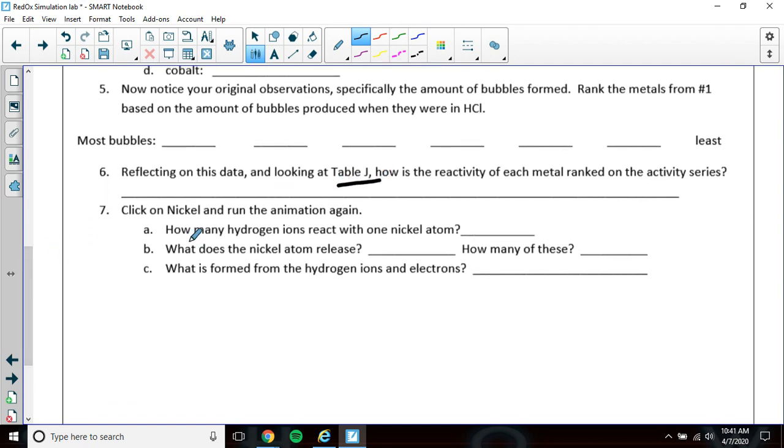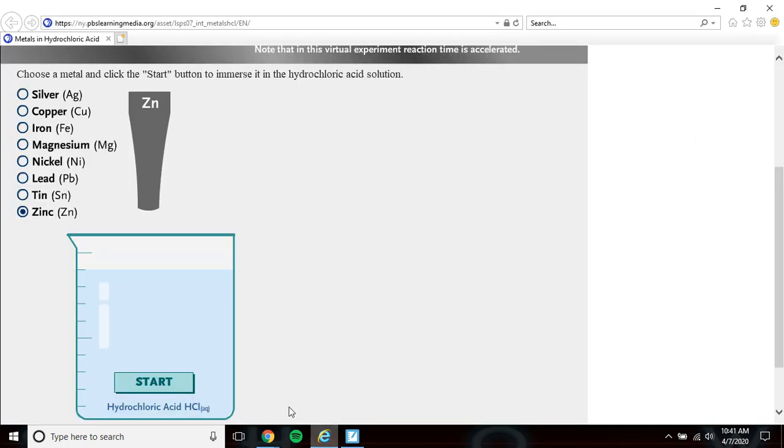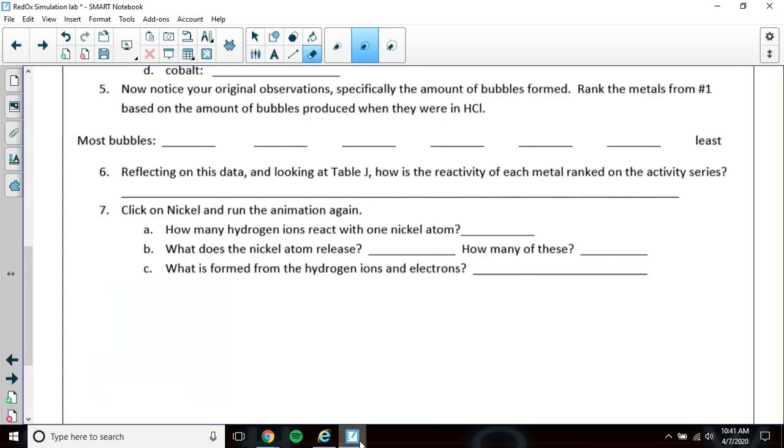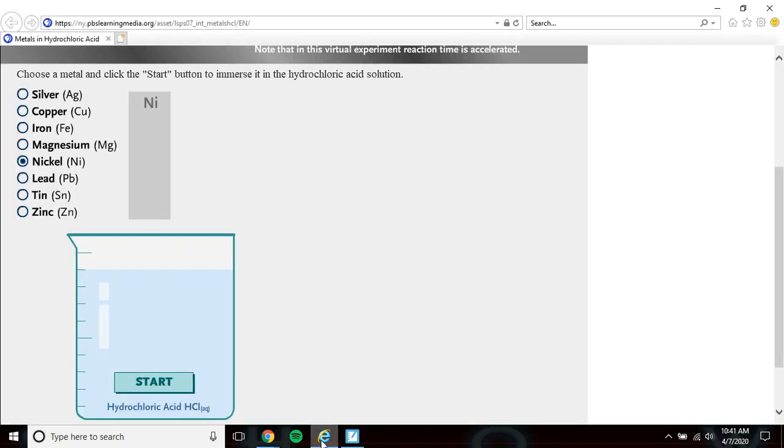Talk about table J. Click on nickel and run the animation again. How many hydrogen ions react with 1 nickel atom? I'll run nickel again. Let me recheck the question. How many hydrogen ions react with 1 nickel atom?